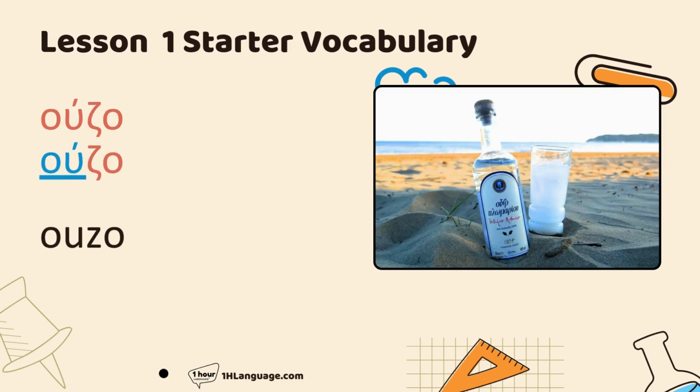So here is the 7th and final word. Try to say it. I'll say it for you now. Ouzo. As in ouzo. And ouzo is a Greek alcoholic drink, a very popular Greek alcoholic drink.